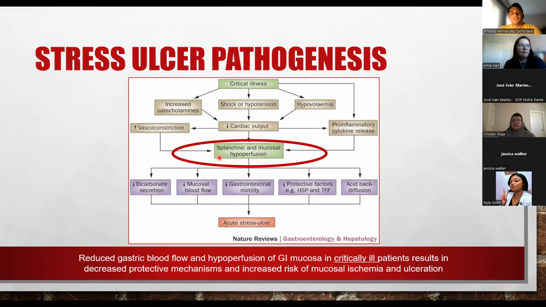So we're not sending blood to our stomach because it's not a critical organ at this time. So we get decreased bicarbonate secretion, decreased mucosal blood flow, decreased GI motility, decreased protective factors, and acid back-diffusion, which leads to an acute stress ulcer.